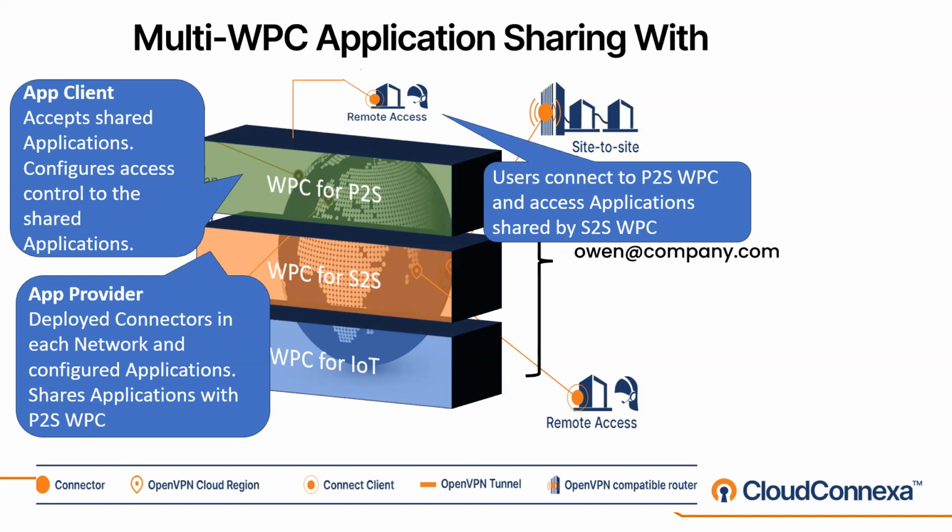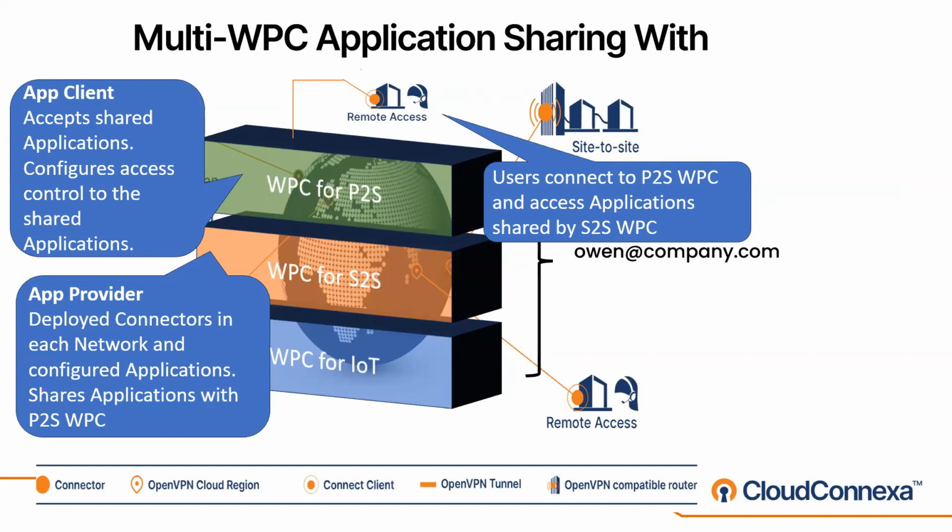So then you have another WPC for remote access, and you are going to need remote access to all those sites. So instead of deploying connectors again to all those sites for the remote access WPC, we use application sharing.